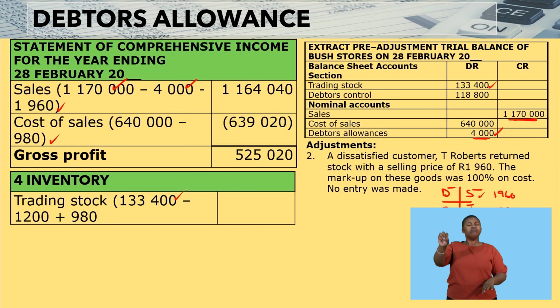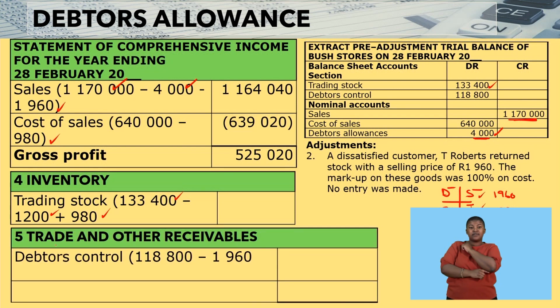And we adjusted adjustment number 1, which had to do with goods taken by the owner for personal use. Drawings, we subtracted it. Now, another customer has returned goods, so we'll come and add to our inventory. So our trading stock becomes a plus. So we have made these 3 recordings so far.